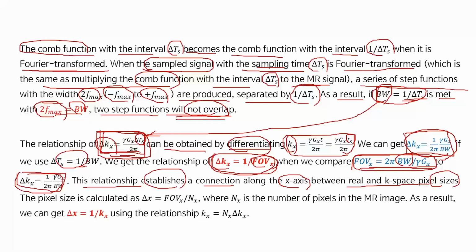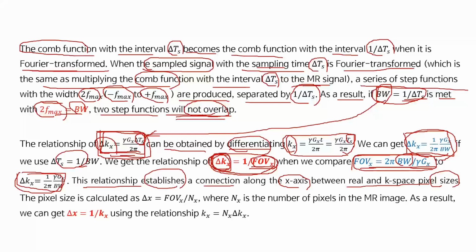So this is the pixel size along the x-axis in k-space, and FOVx is the image size along the x direction in image space.